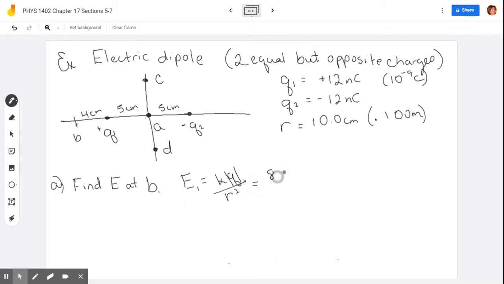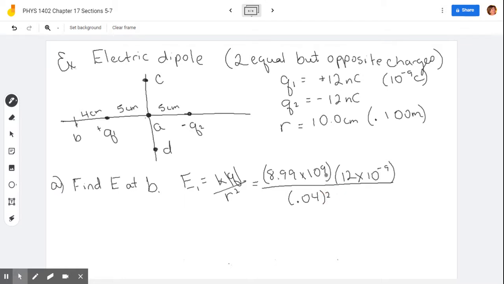So 8.99 times 10 to the 9th times Q, 12 nanocoulombs, divided by, this is a distance of 4 centimeters from Q1, so 0.04 squared.